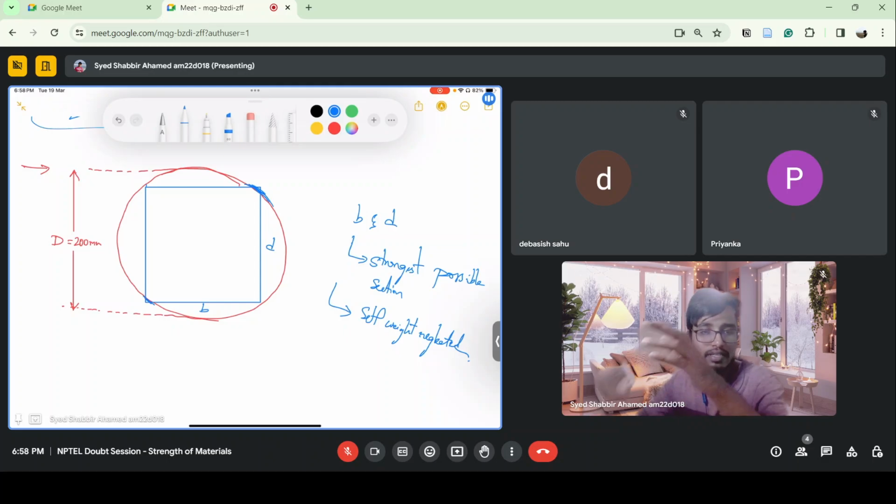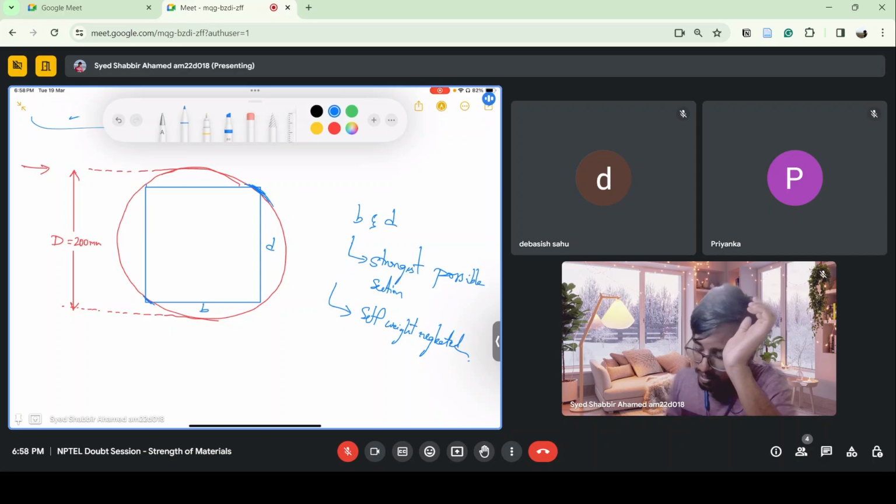You have a circular cross section. Let's say you have a circular cross section beam, and from that you want to cut out a rectangular cross section. I want to cut out the rectangular cross section such that whatever load I apply, the bending should be effectively resisted, or you can say maximum stress on this rectangular cross section should be less.